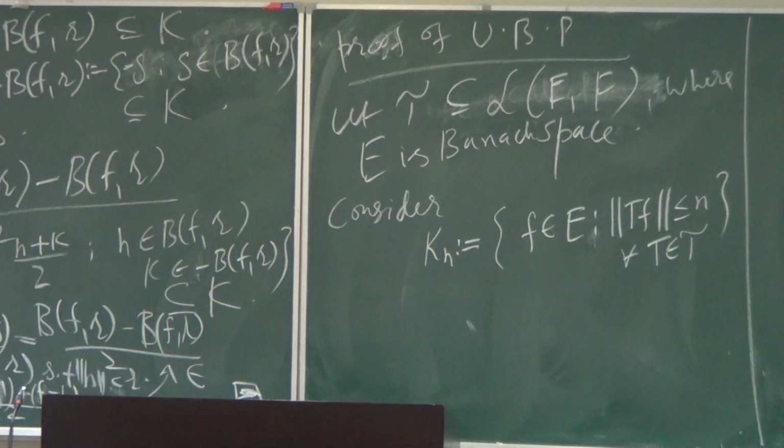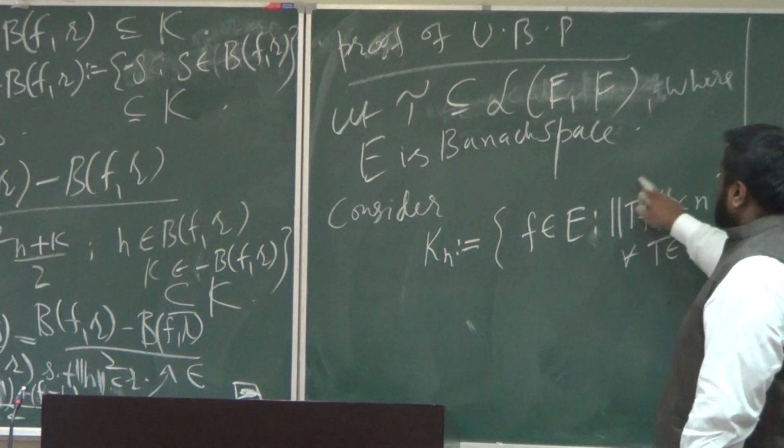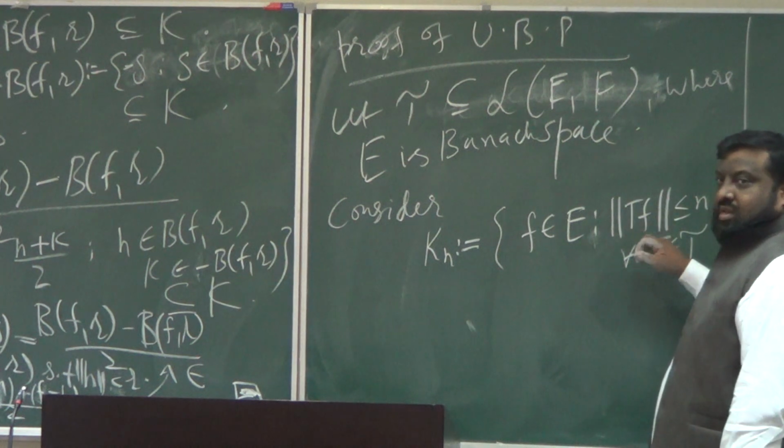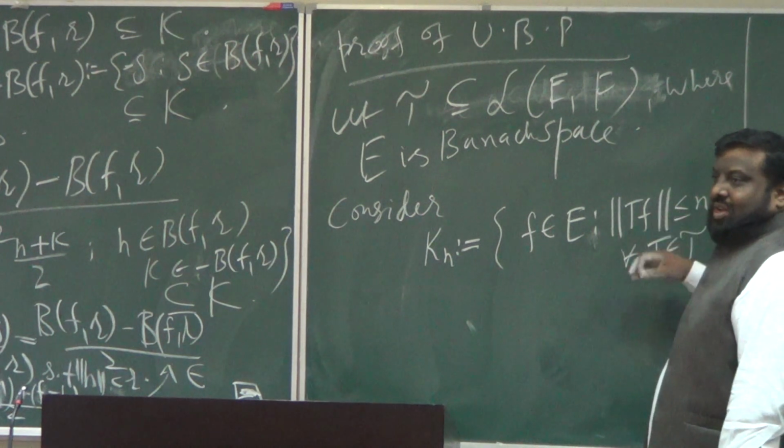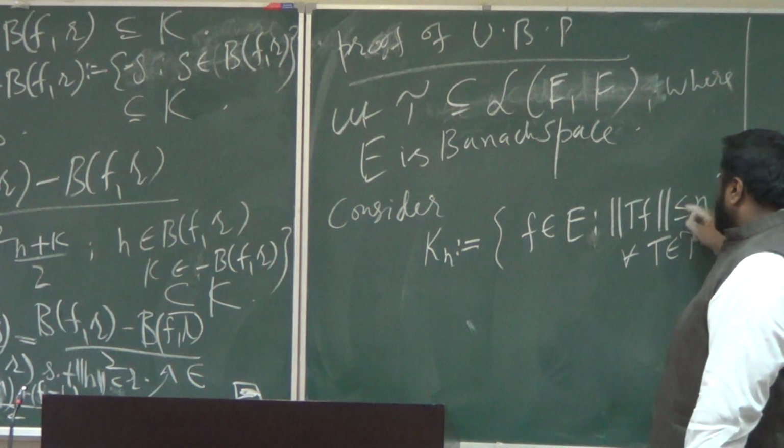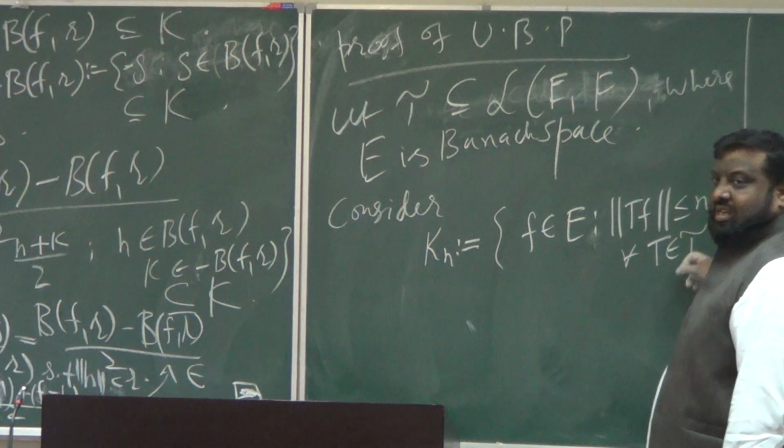So Kn is a collection of all points of E such that the pointwise norm of T can be bounded by n, but for all T.